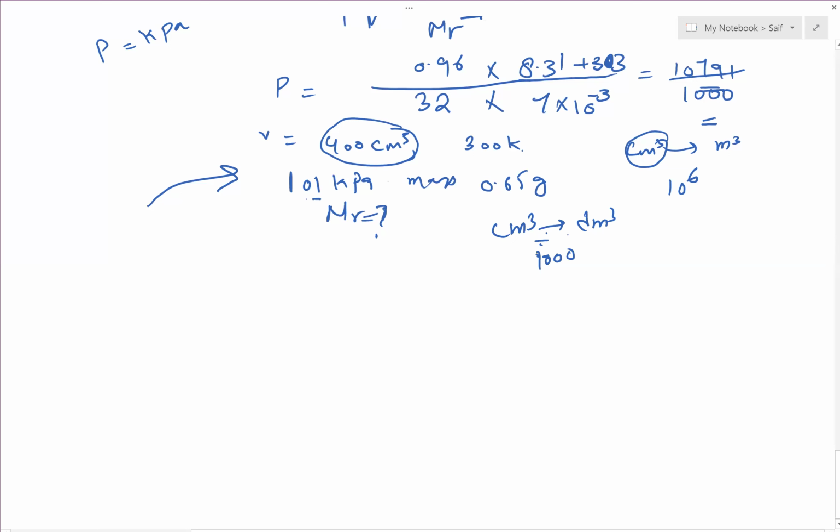Getting my point? Meter cube is much bigger than decimeter cube, so you will be dividing it more by 1000. This makes 10 raised to power 6. Just do it and then you will get a correct answer.